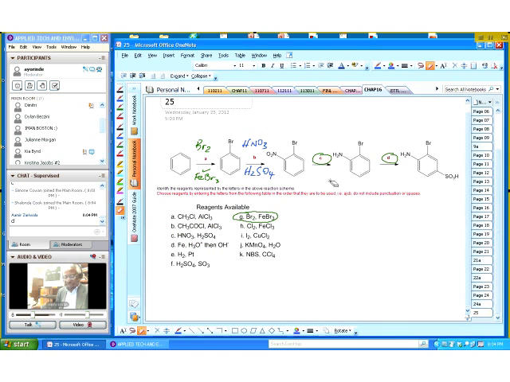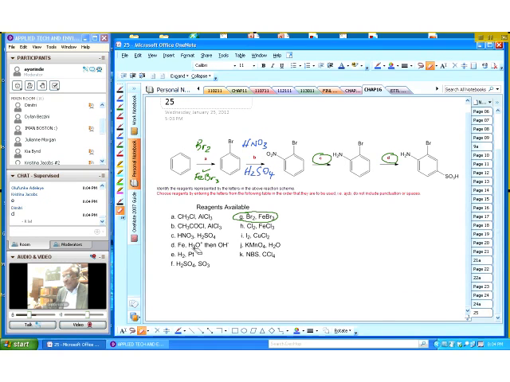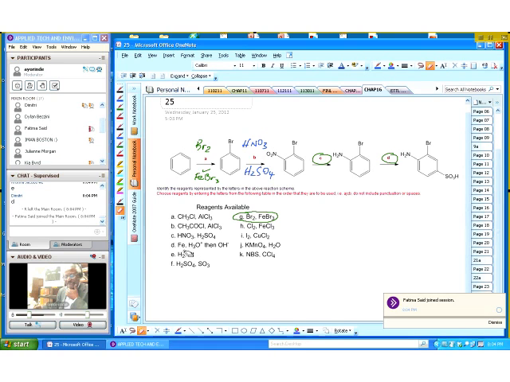Okay, let's go to the next one. What do we need for C? Okay, I said D. What do we need? D. So what do we need to do here exactly? We need to reduce the nitro group to the amino group. So D, all of you say D. Excellent.